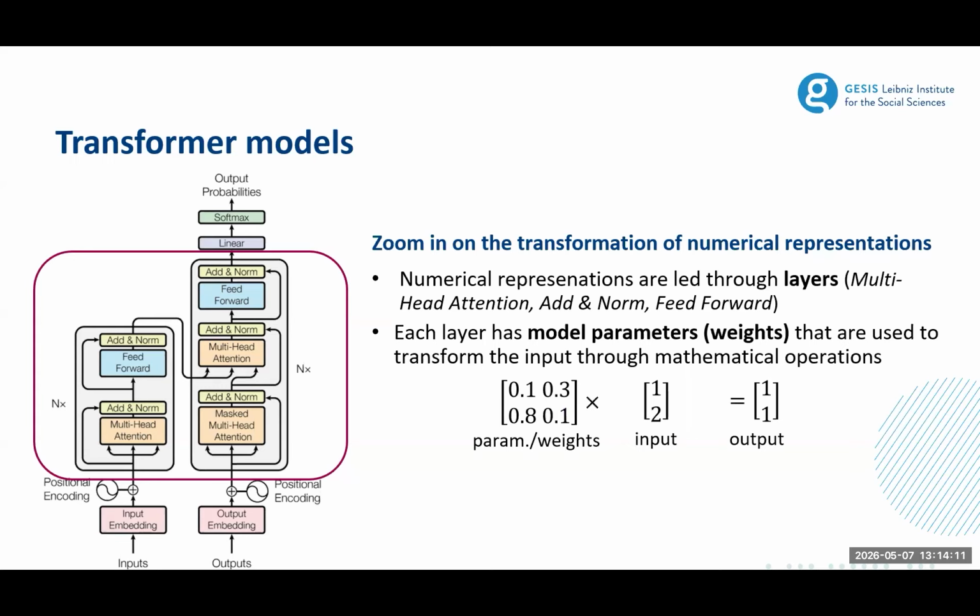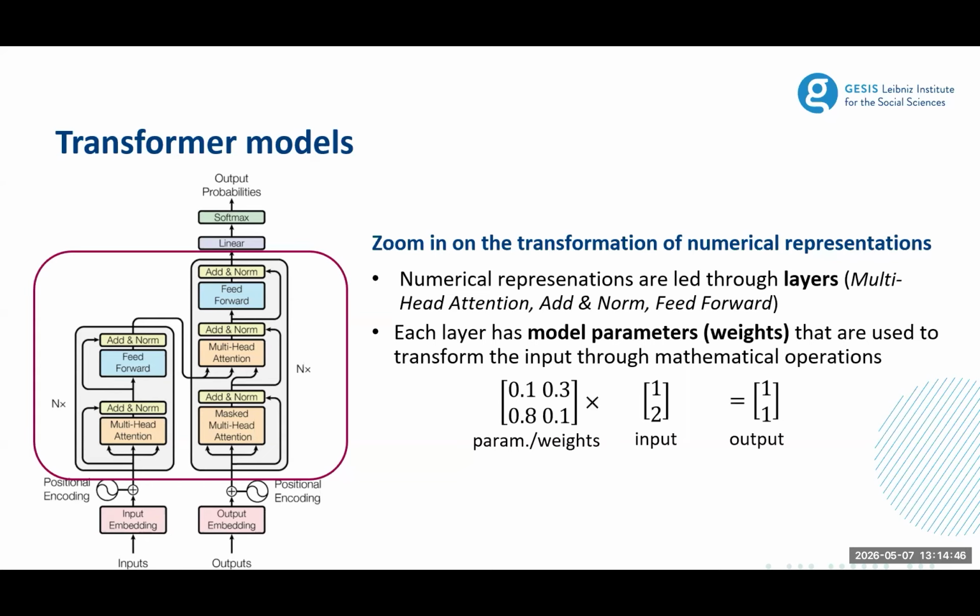Let me exemplify this a bit. For example, if you are somewhere in the middle of this transformation process and your input at this point is a vector having 1, 2, and you're in this layer with a parameter matrix as displayed here, then it's a simple matrix multiplication, for example, that transforms your input to an output, and so on and so on.